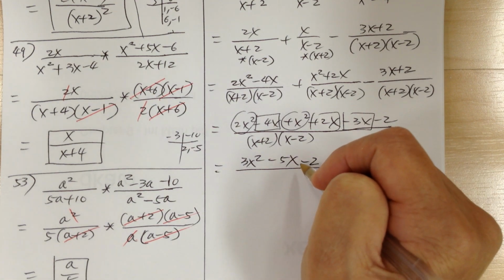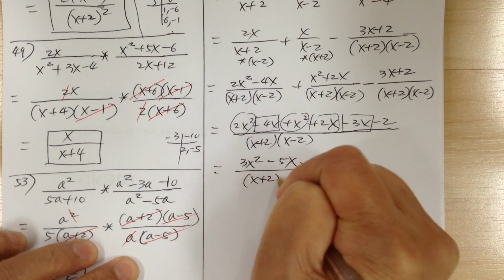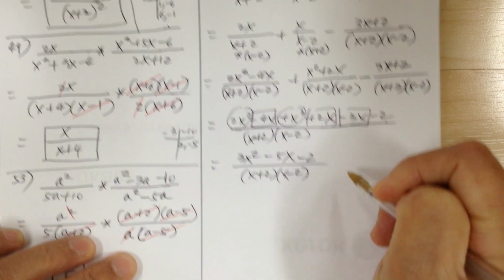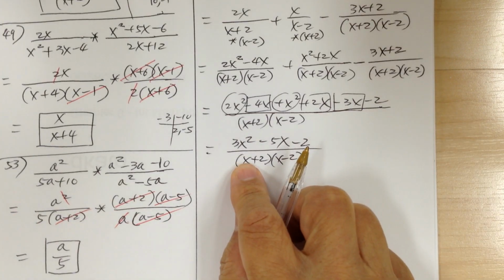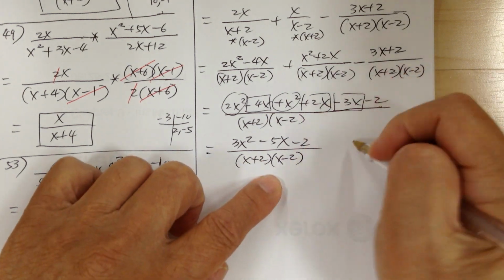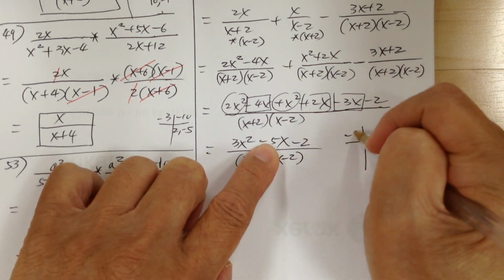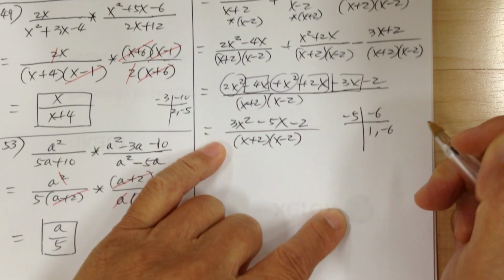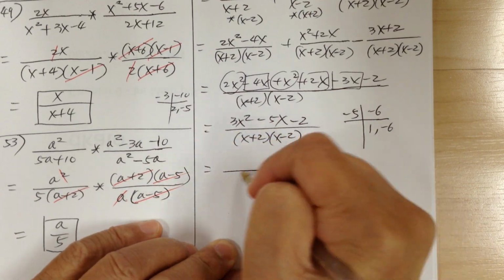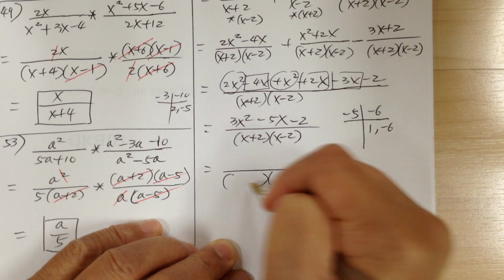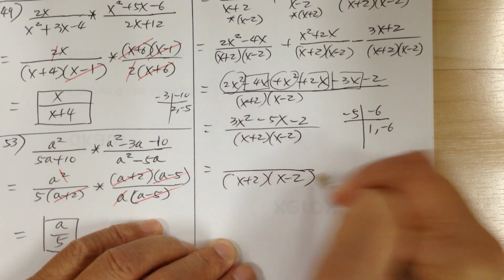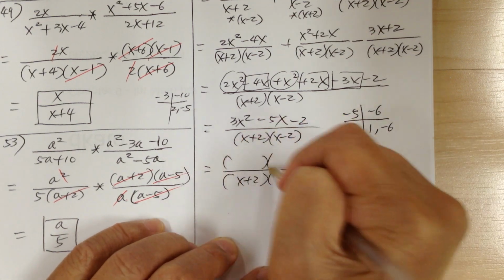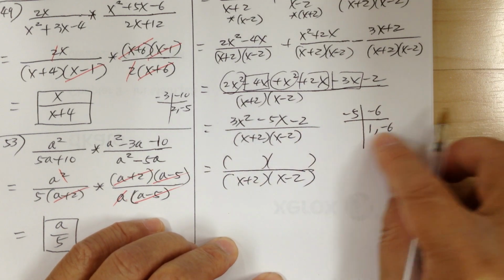And on the bottom, you get (x plus 2)(x minus 2). Okay, then you have to check to see if you can factor. So use your product, which would be negative 6, and sum negative 5. So 1 comma negative 6. Okay, so this works.